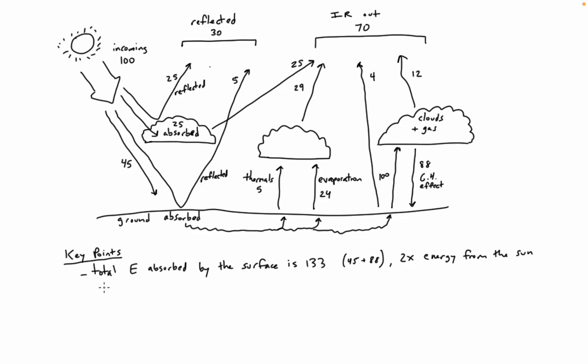So that's the greenhouse effect, right? So energy is absorbed. How is that possible? It's absorbed and re-emitted by the atmosphere multiple times.